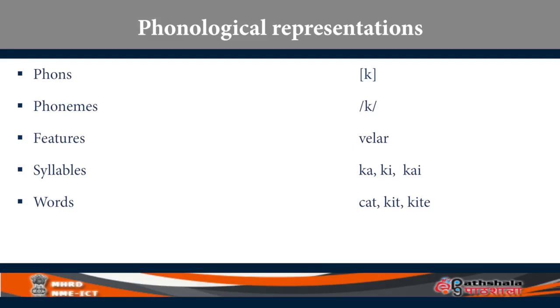Phoneme, on the other hand, is enclosed in slashes because we do that after doing phonological analysis and establishing phonemes of a given language. Then a whole lot of features make up the phonemes. So in this case, ka is a velar, and the velar consonant combines with the vowel to become a syllable. So ka, ki, kai, these are all syllables. Then you have words, so syllables come together to form words like cat, kit, kite. So these are phonological representations.